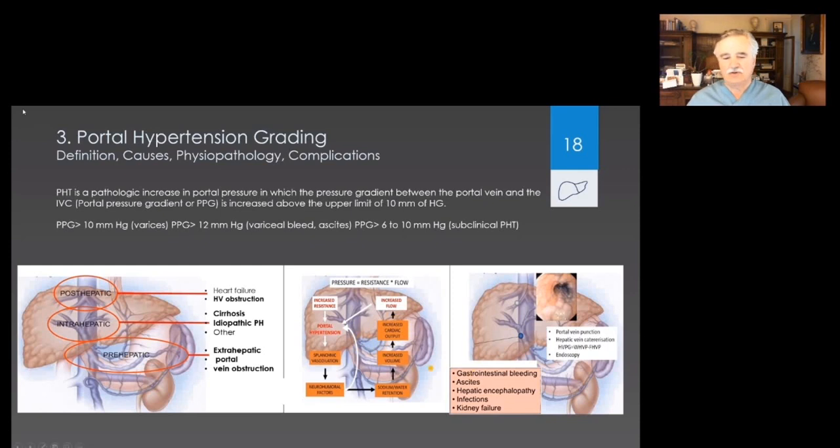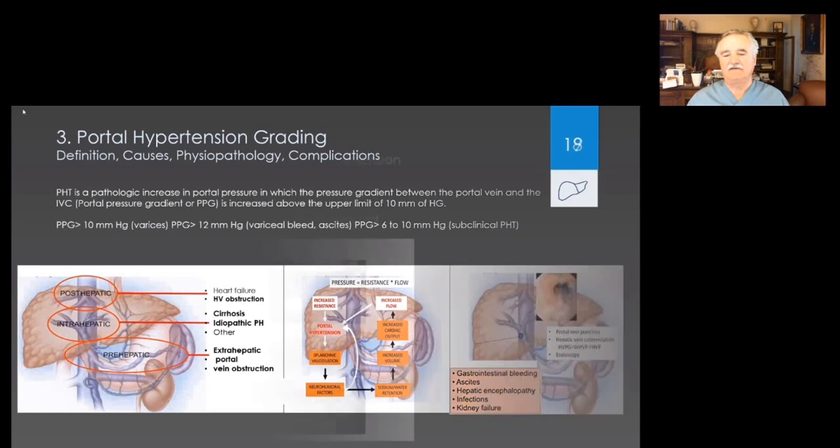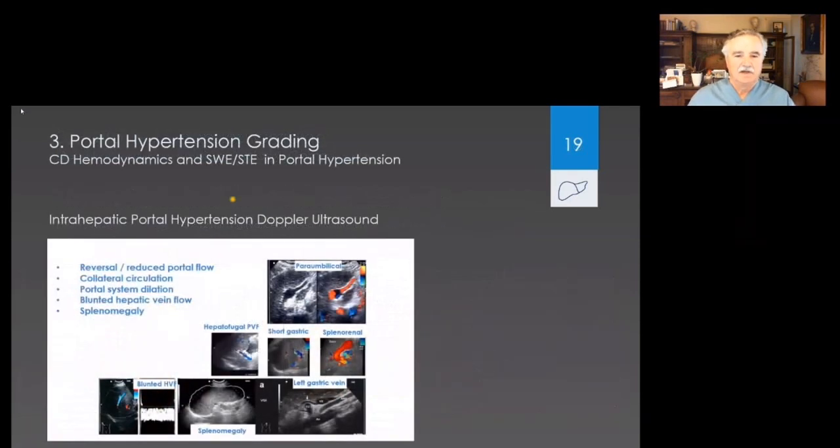The complications of portal hypertension are gastrointestinal bleeding from gastric varices, as you can see here, but also ascites, hepatic encephalopathy, and kidney failure. In this presentation, we are going to discuss how color Doppler helps in the study of hemodynamics of portal hypertension.